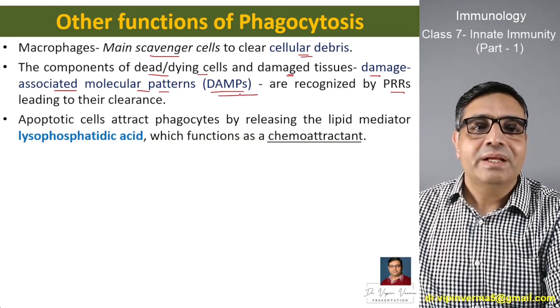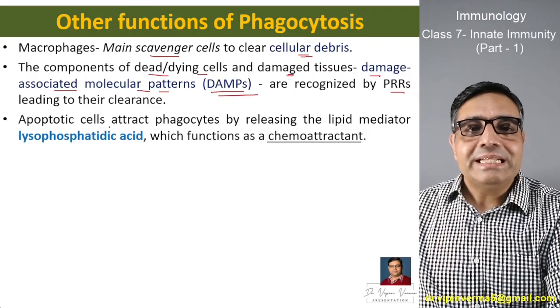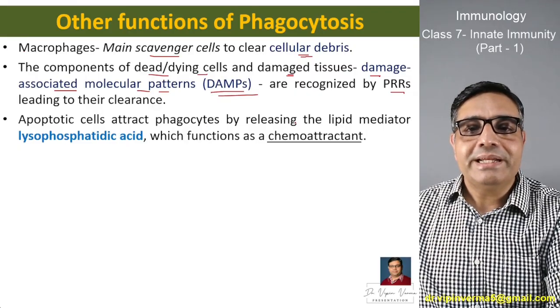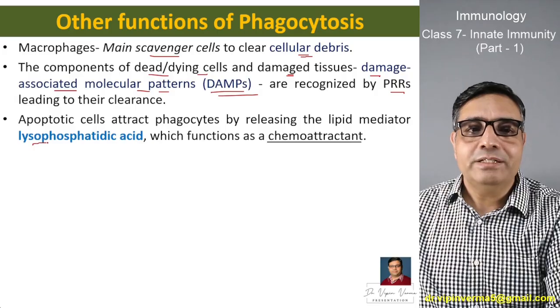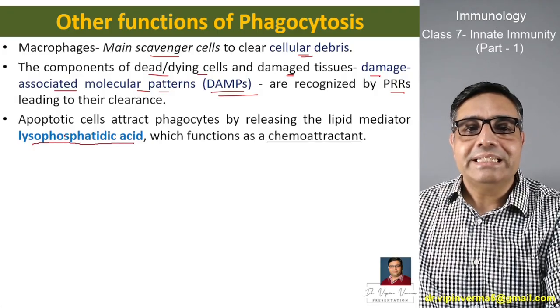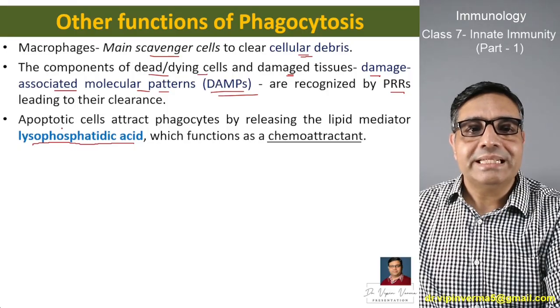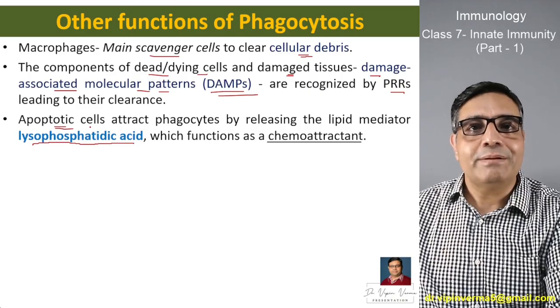Okay. Now, apoptotic cells attract phagocytes by releasing the lipid mediator lysophosphatidic acid. So these are released by the apoptotic cells. Apoptotic cells are those cells which have undergone or which are undergoing programmed cell death.